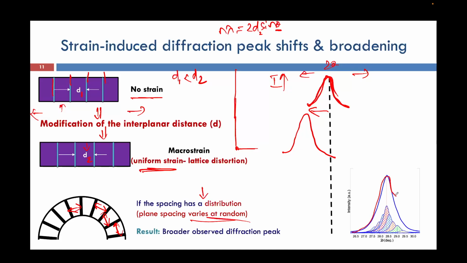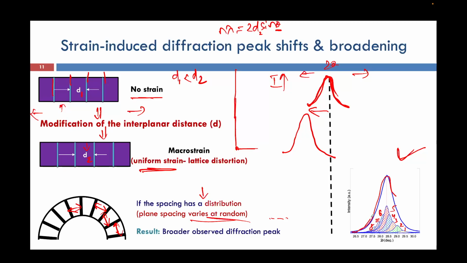I will be getting it somewhere here towards this side, but I have drawn this figure here. So you can see, let's say there are 1, 2, 3, 4, 5, 6, 7, 8 different small peaks. So 8 different d spacings are present, and all of those d spacings will contribute towards the broadening of the peak.